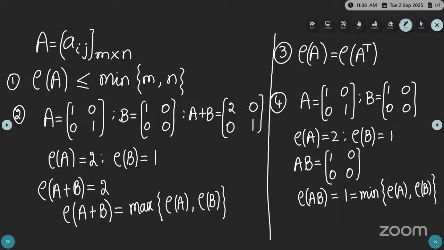Two matrices, capital A and capital B, are given below.